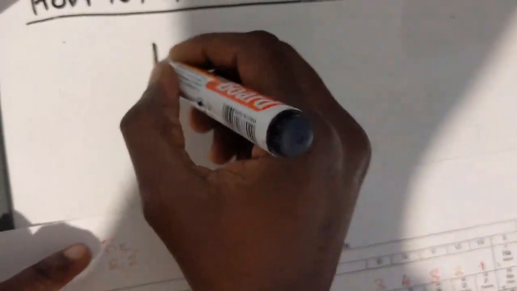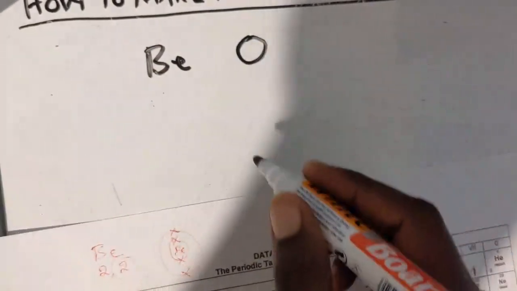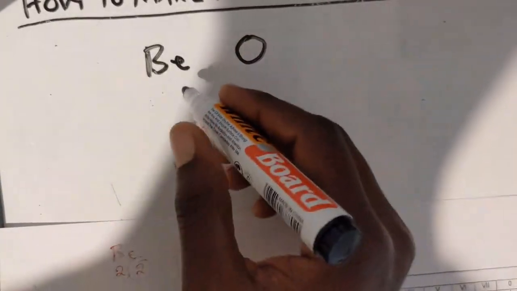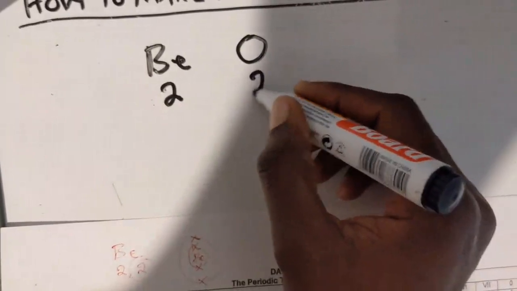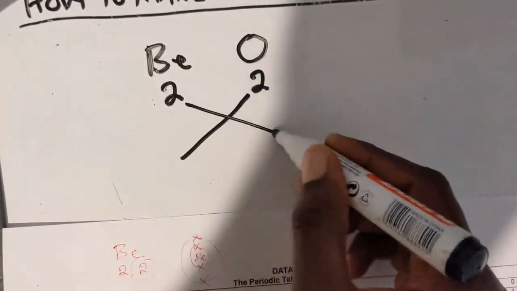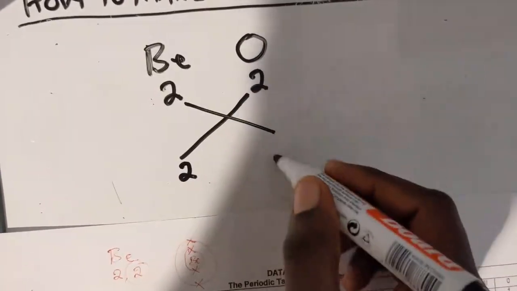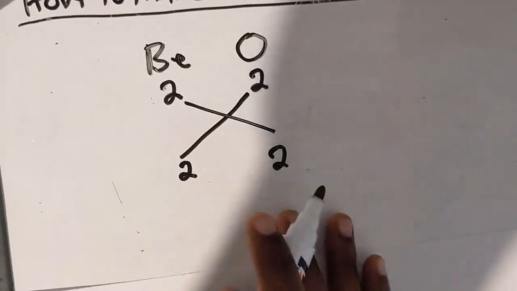So what you do now is you get beryllium like this. Then you come here, you get oxygen. Beryllium has a valence of 2, so you say 2. Oxygen has a valence of 2. So what you do is you swap their valences. This 2 comes here, then this 2 comes here. Now you need to divide by the common factor.